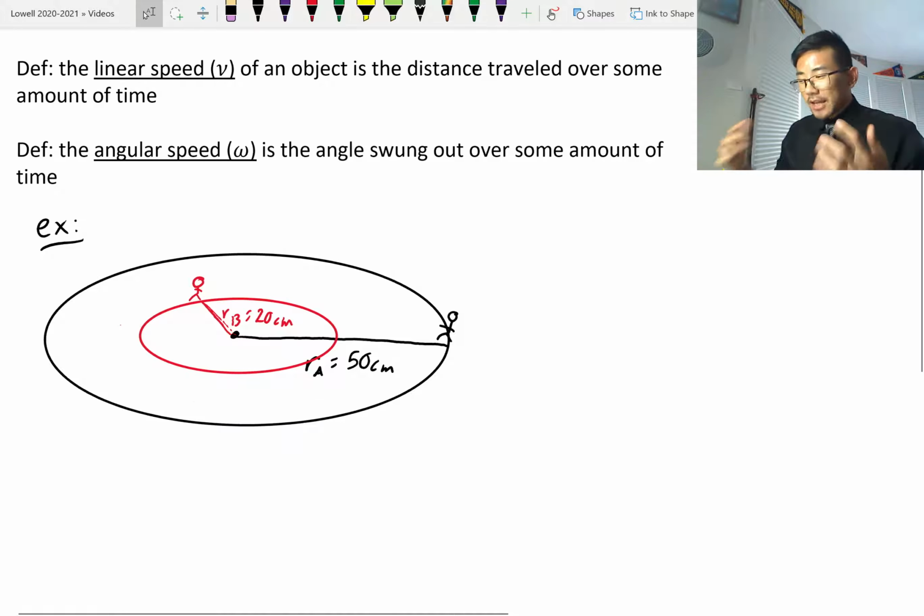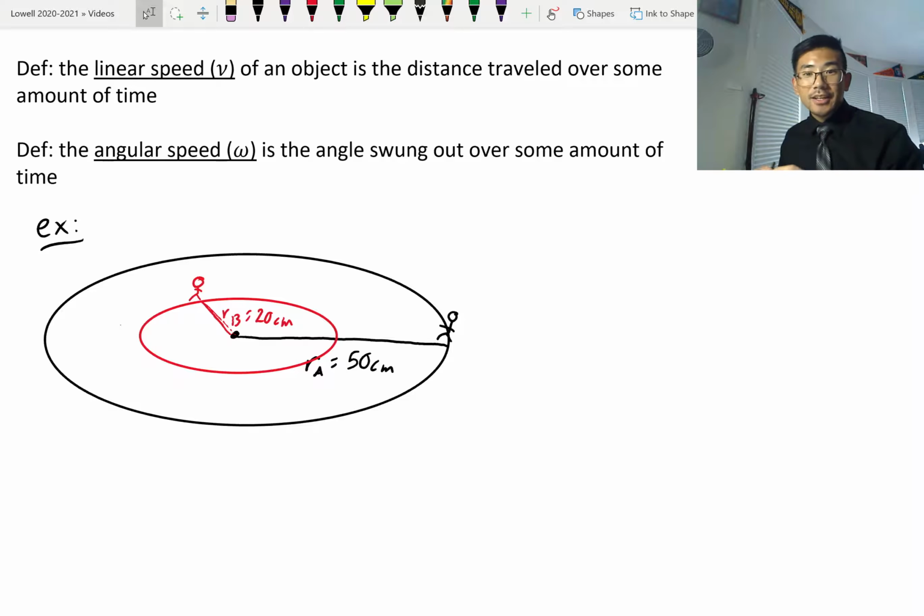Now, I'm just going to imagine that you have a tiny person on the edge of the black circle and on the edge of the red circle, right there. And let's just pretend that this circle rotates, so this person moves up. Just to make our lives a little bit easier, let's say they move 45 degrees.